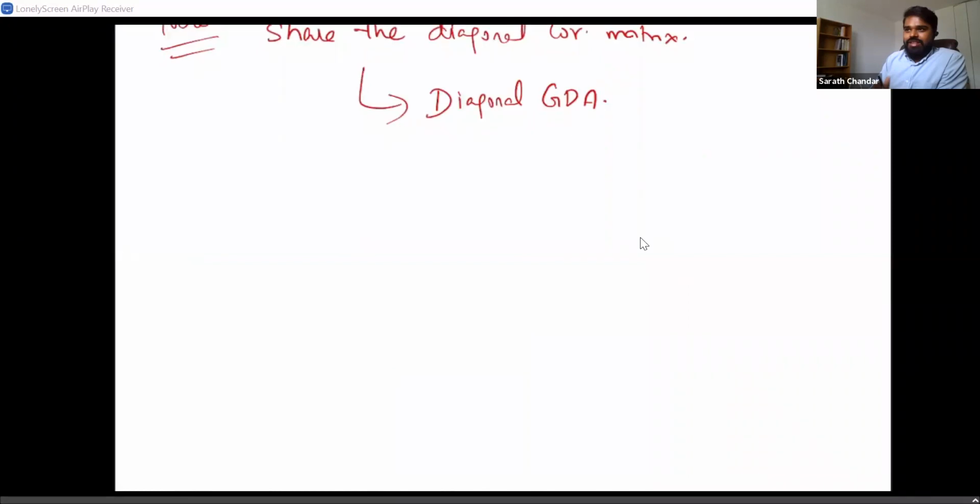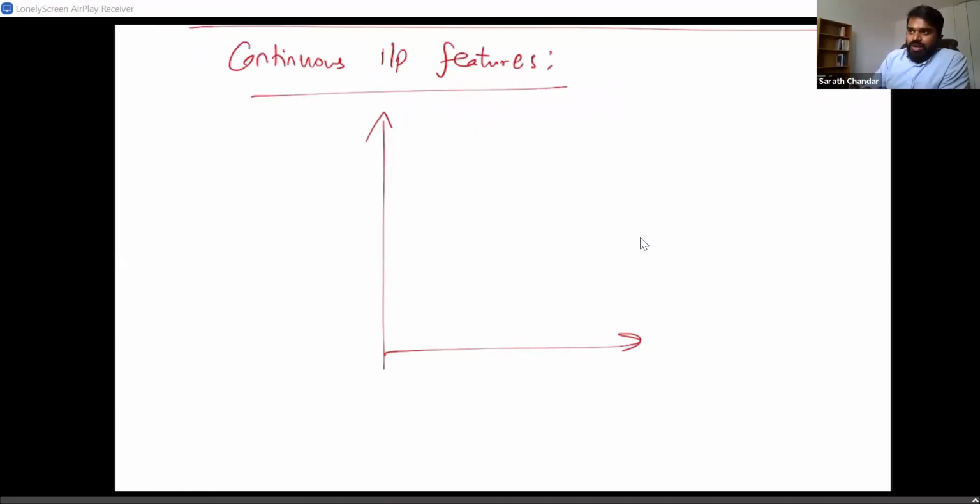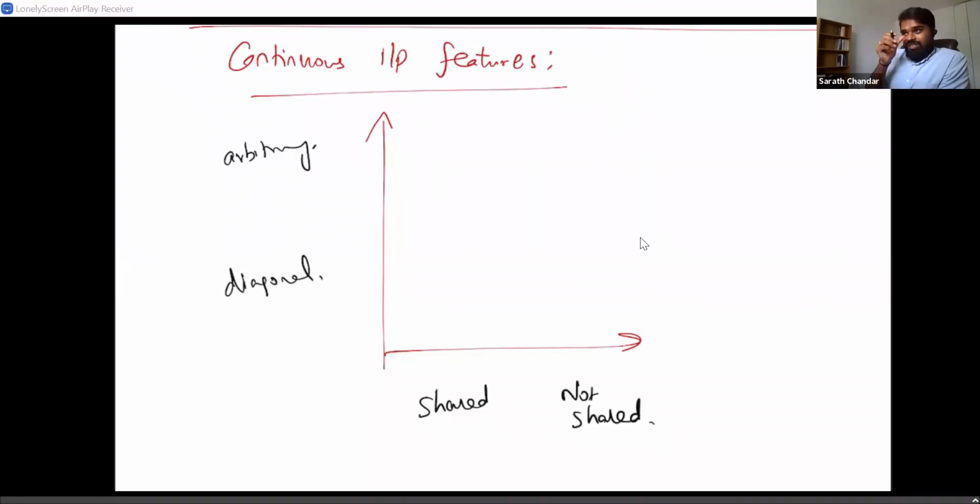We are dealing with continuous input features, and there are two possibilities: whether the covariance matrices are shared or not shared, and whether they are arbitrary or diagonal. The first model that we saw, GDA, has a shared covariance matrix, but with arbitrary structure. QDA is arbitrary, but not shared. When you make the naive Bayes assumption, QDA becomes Gaussian naive Bayes and GDA becomes diagonal GDA.